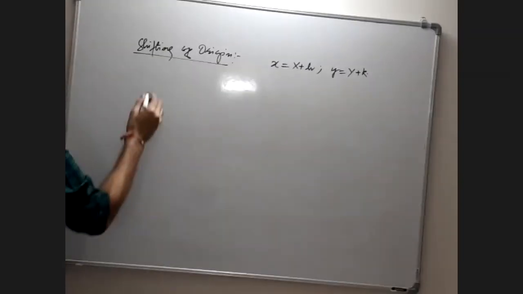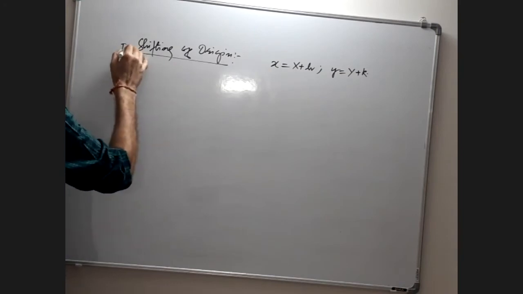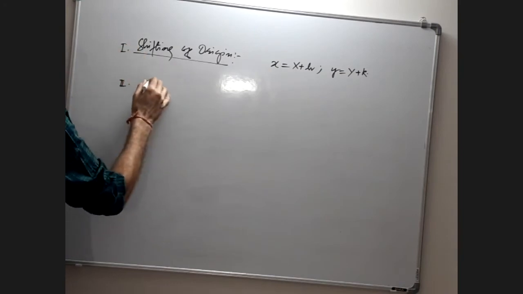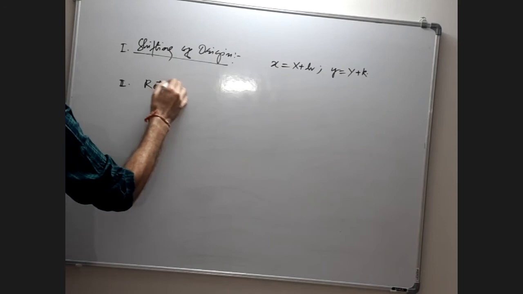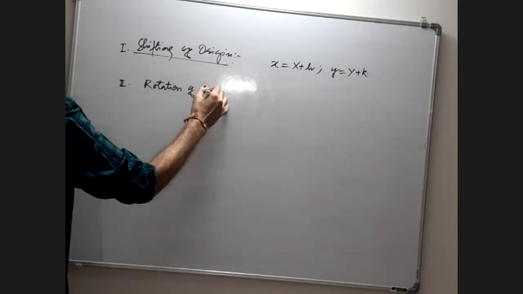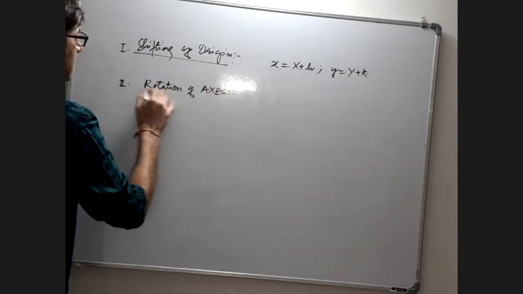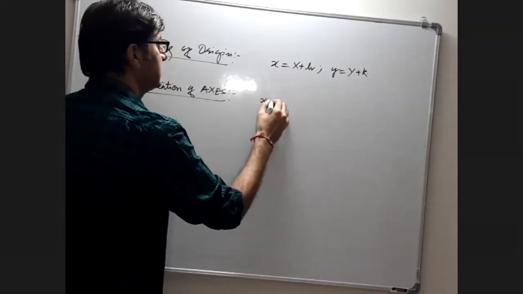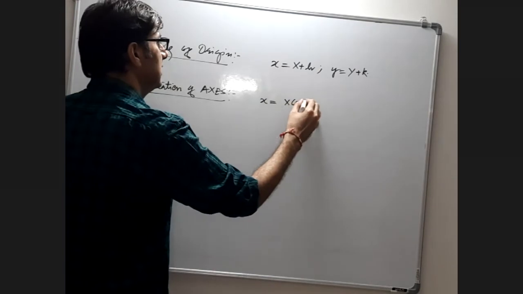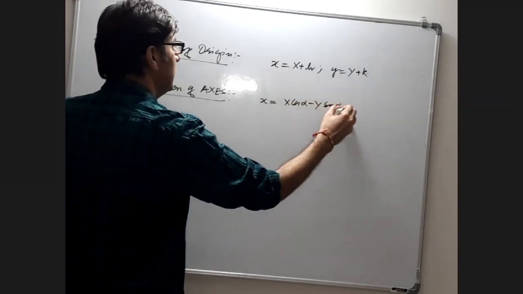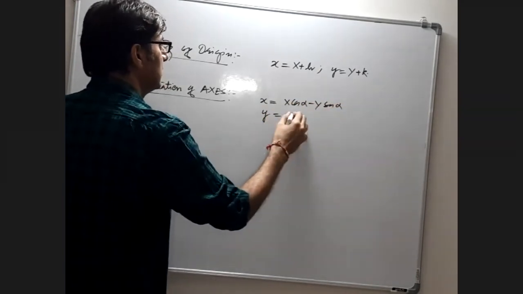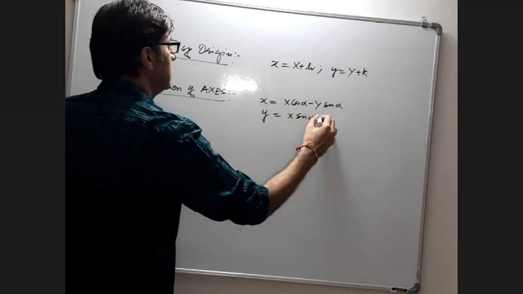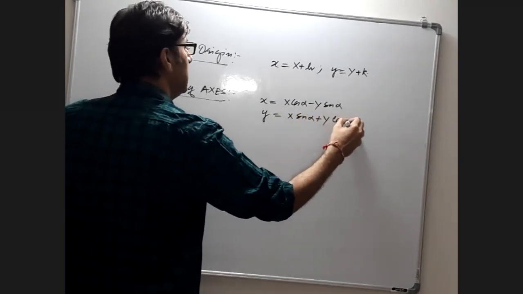That is the first set. Under rotation of axis में आपको बताया कि क्या था? X is equal to x cos alpha minus y sin alpha. Y is equal to x sin alpha plus y cos alpha.